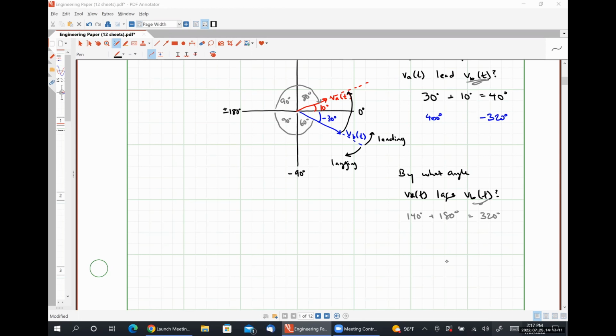That was criterion 2 of comparing your signals. So all signals have to be expressed exclusively as sine or cosine waves. All signals have to be expressed with positive amplitudes, and all signals have to have the same frequency. So if you need to get rid of a negative sign, simply shift by 180 degrees in either direction, and that will take care of it. Thank you for your question.